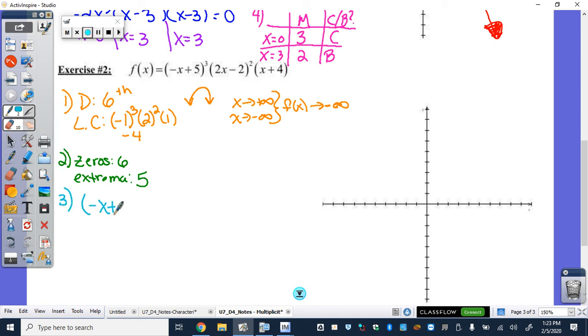Step 3, we're going to actually figure out what our zeros are. So I'll take my polynomial there, I'll set them equal to 0. Now, because it's already in factored form, they really helped us out. Now we don't have to do that whole factoring step. So negative x plus 5, we set that equal to 0, solve for x.